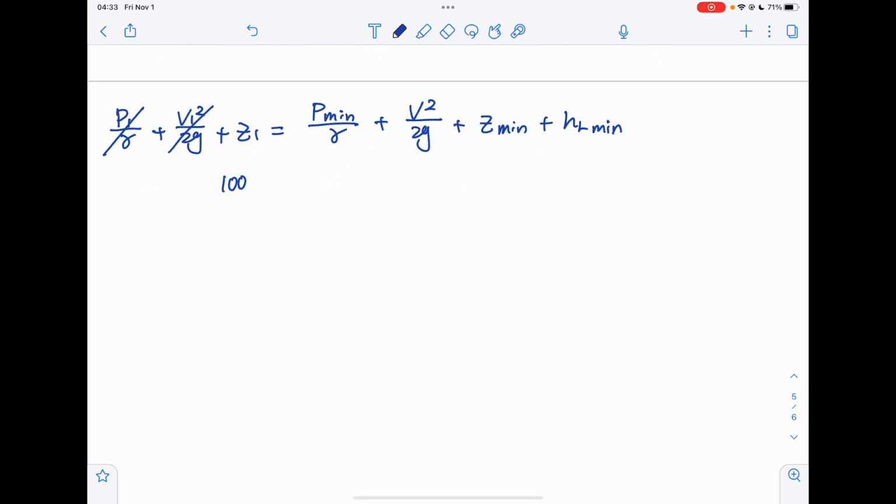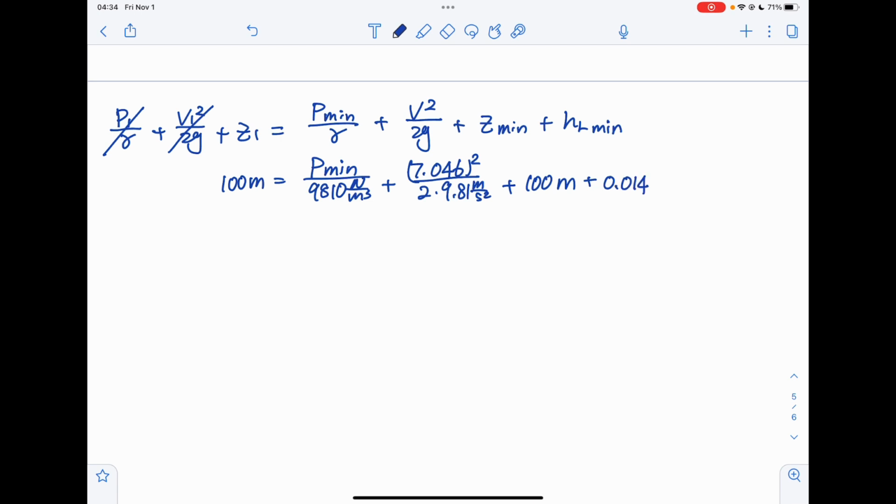So z1 is 100 minimum, which equals P minimum over gamma, where gamma is 9800 Newton per cubic meter, plus the velocity, which is 7.046 squared over 2g, and z minimum is also 100 meters, plus the head losses, which is 0.014 times the length of the pipe, 100 meters, divided by the diameter, which is 0.6 meters, times the velocity head.